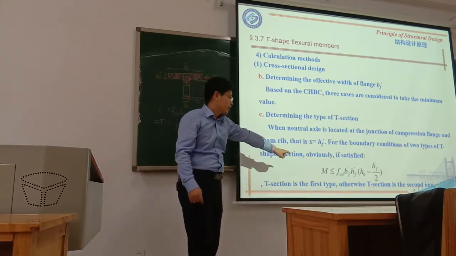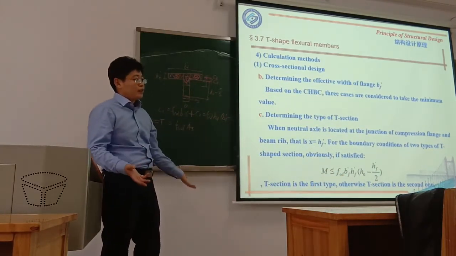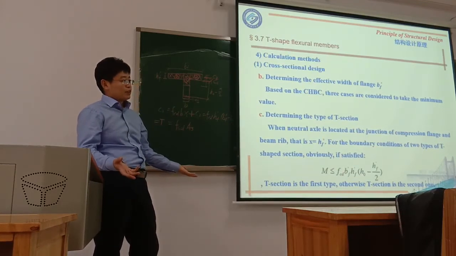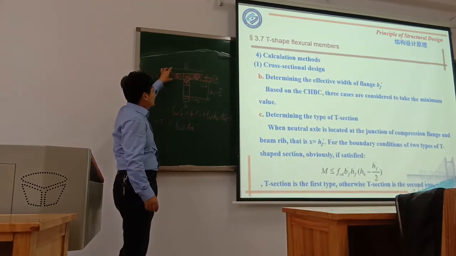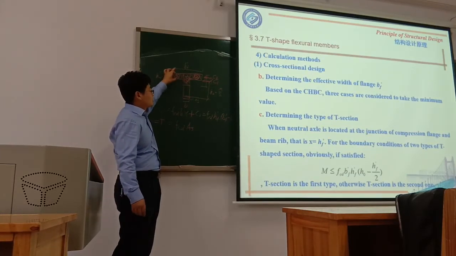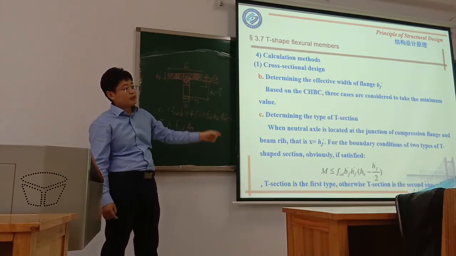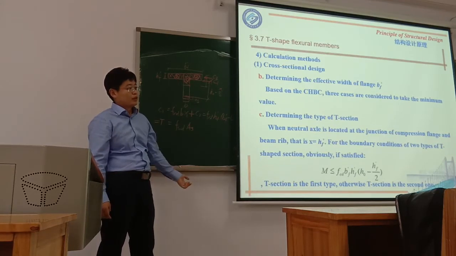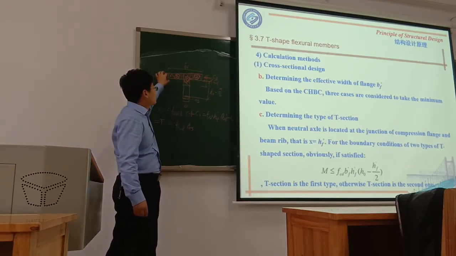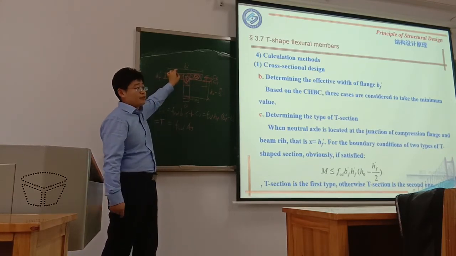If this resistance moment induced by this compression is bigger than MD, than the external load, that means the compression just in the flange is enough.